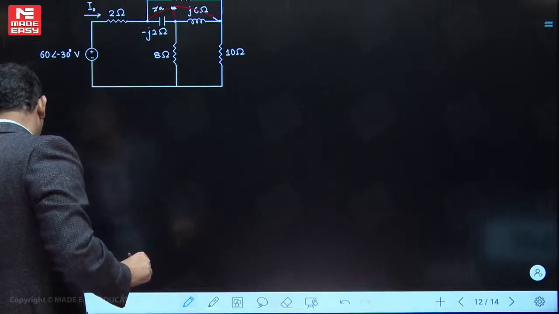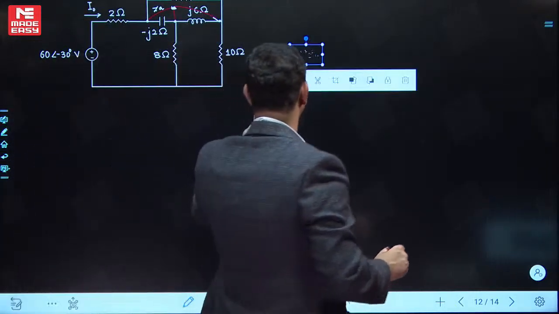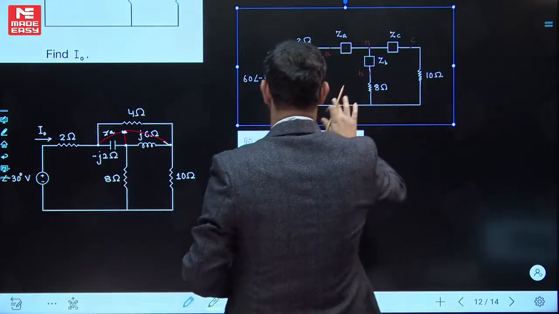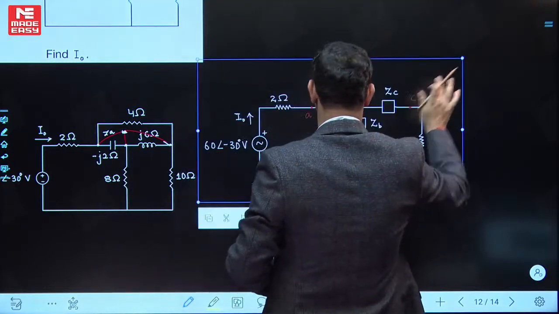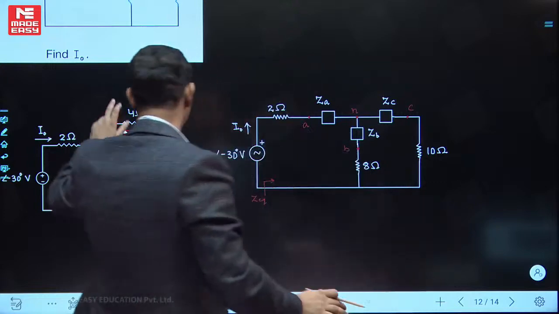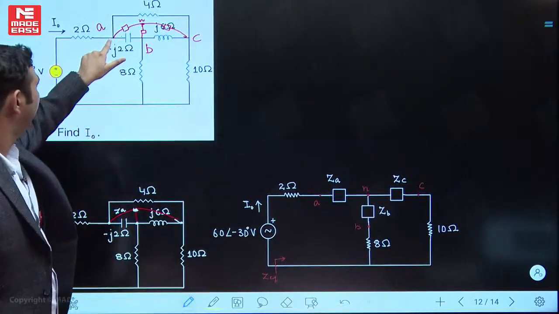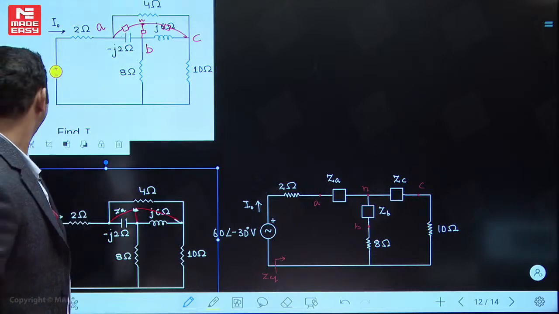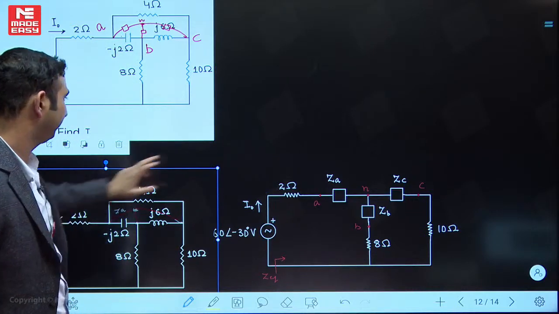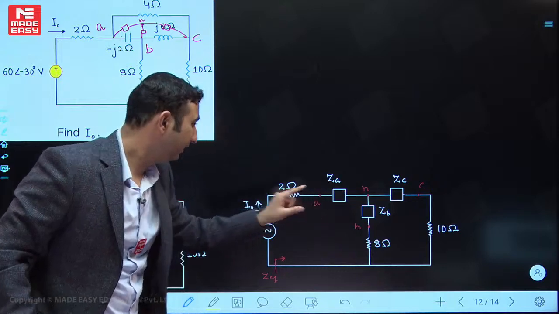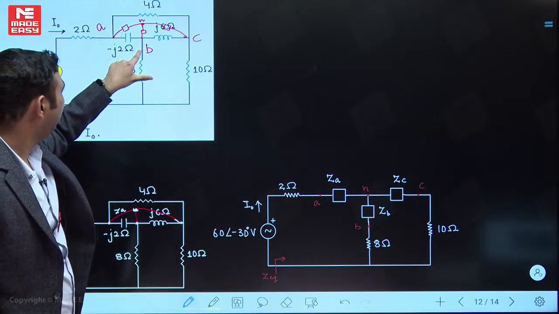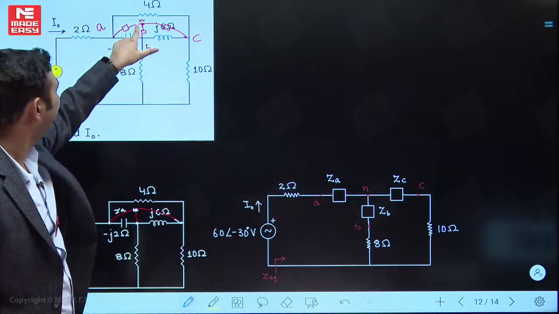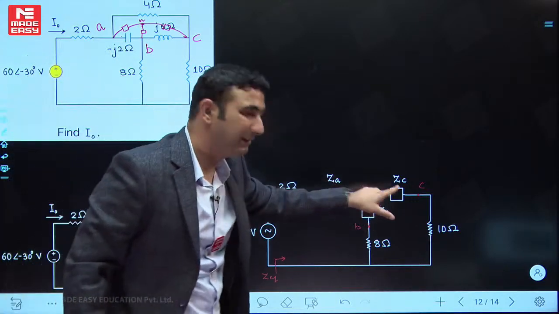This is what I'll be having. Okay, got it? Compare carefully. From A to neutral N, we connected ZA. From N to point B, I have ZB. From N to point C, I have ZC.